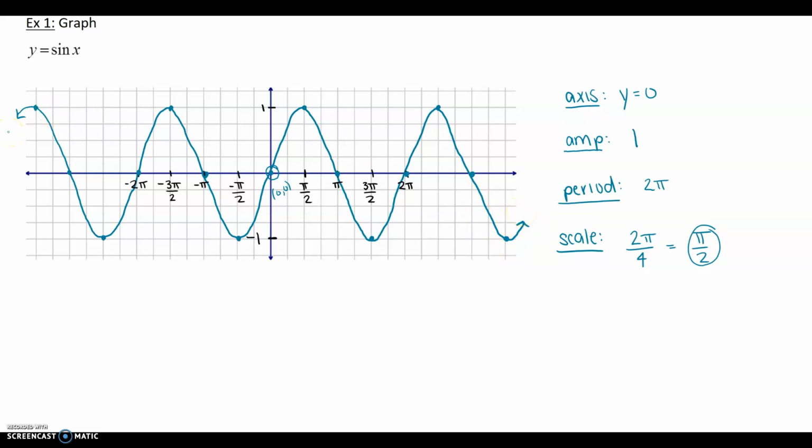And the only other thing that I have forgotten is the axis, which is at y equals 0. So make sure you graph it. So the requirements are labeling the starting point, taking up your whole window if I give you a coordinate plane, and labeling your axis. Let's move on to the second example.